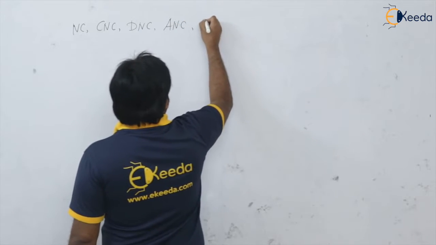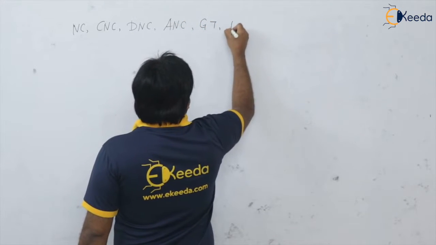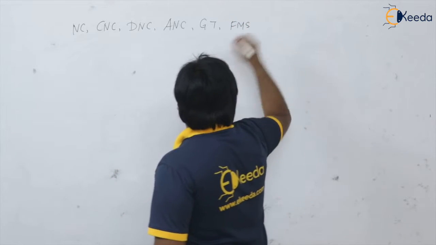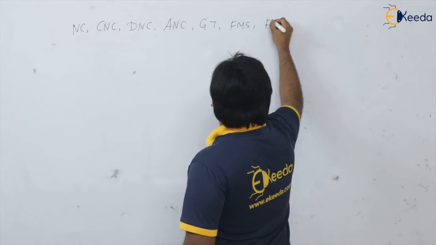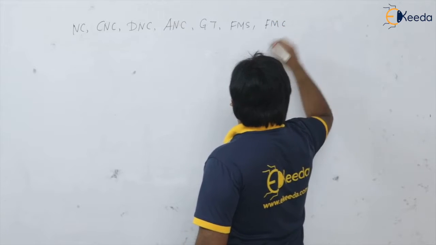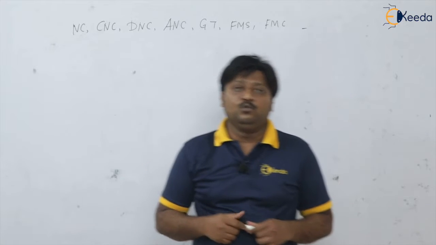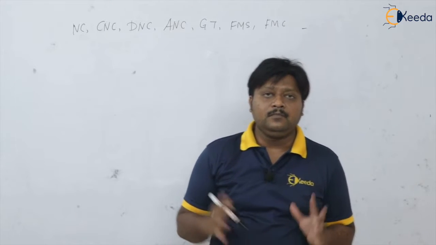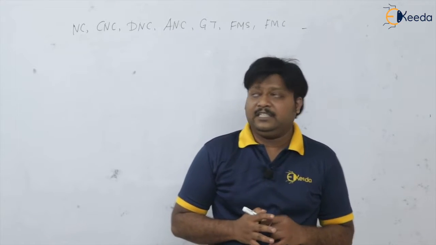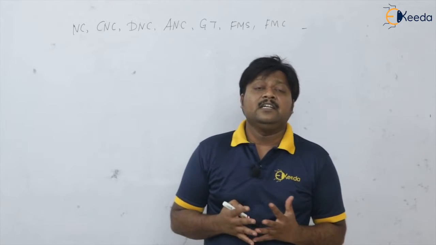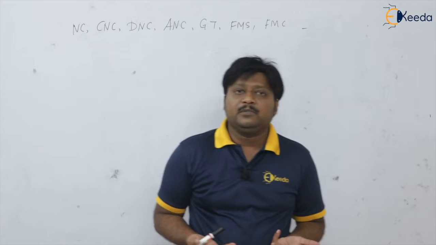We also have group technology, flexible manufacturing system, then cellular manufacturing or flexible manufacturing cell. These are the integrated tools of computer aided manufacturing. So these things we have in our advanced machining methods.